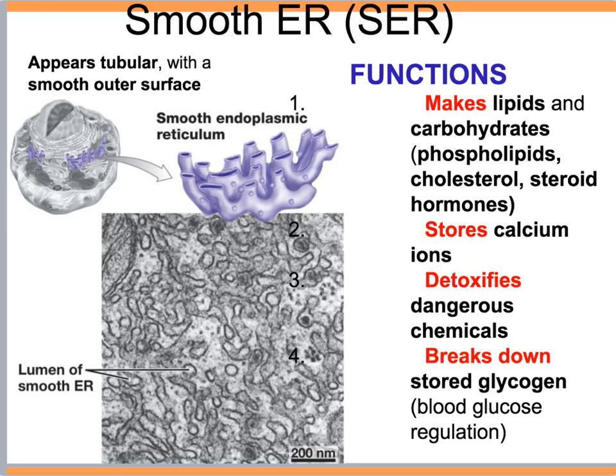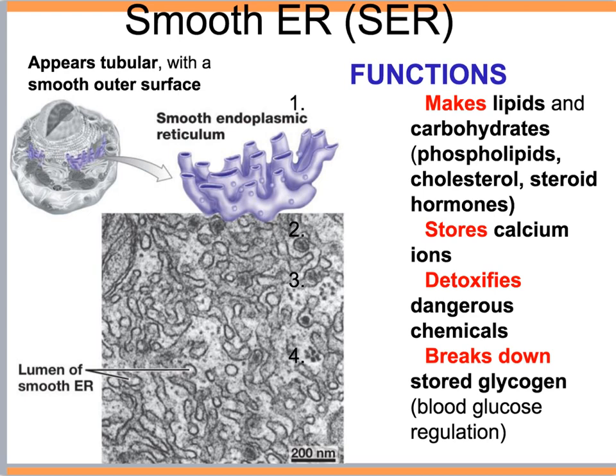All right, so we talked about the role of the rough ER, but what's the role of the smooth ER? Well, the smooth ER is going to play different jobs in different cell types. It can do lots of different things. It can be responsible for making lipids as well as carbohydrates. These could be phospholipids, cholesterol, steroids, hormones, all different types of lipids or carbohydrates. It also can be a place of storage. It can store calcium ions.